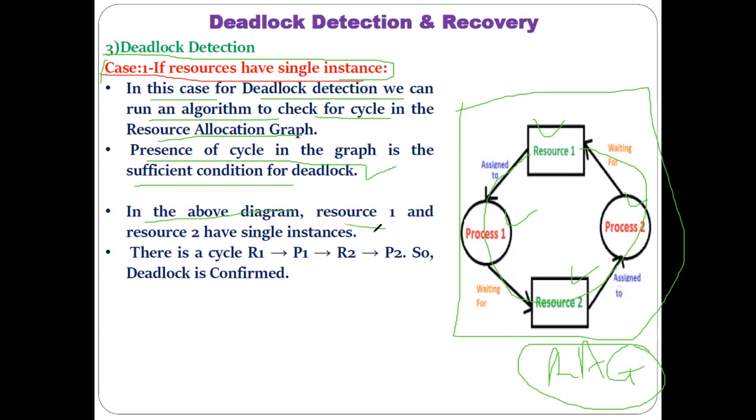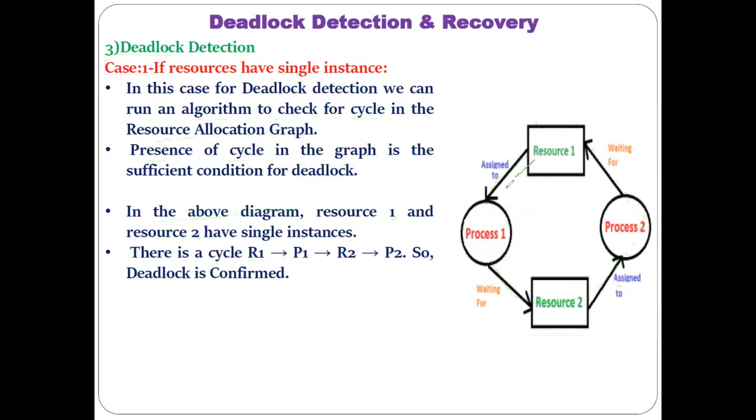You can see the cycle: R1 to P1, then P1 to R2, then R2 to P2, and again P2 to R1.